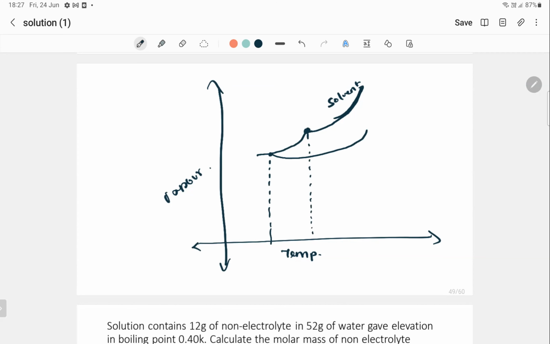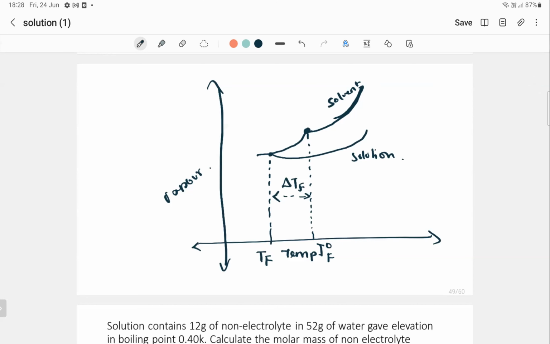You can see there is a decrease in temperature for solvent and solution. If it is 0 here, it will be -1 here, so it will be getting decreased. For solution it will be TF, and for pure solvent it will be T0F. This comprises your delta TF. This is your graphical representation of the depression in freezing point.